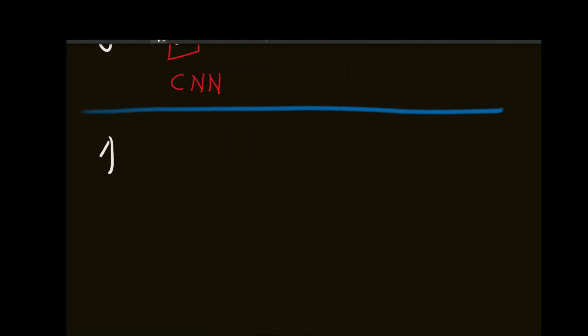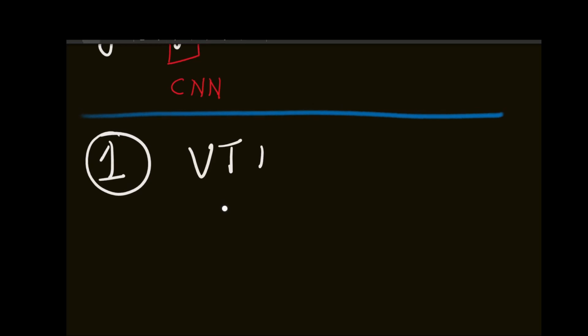The first one is VTI, which stands for vector to image. That's the direct transform, and the idea is really simple. Let's say we have one observation vector. This is a 1 cross m vector, so there are m feature values.